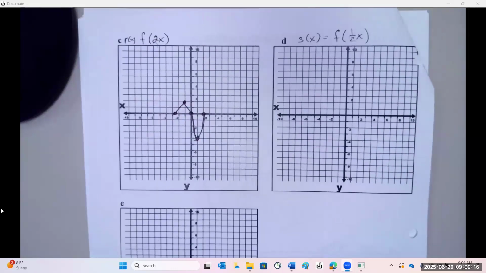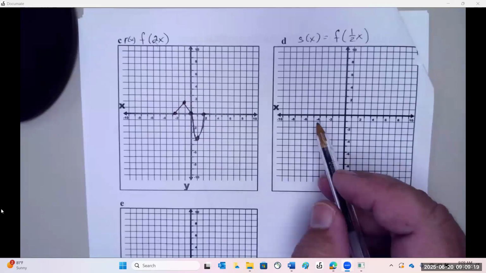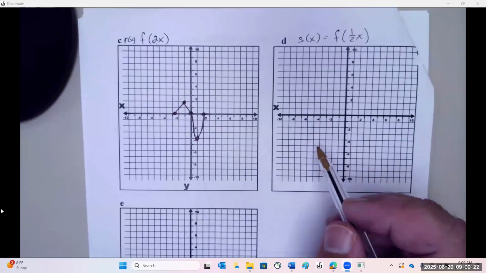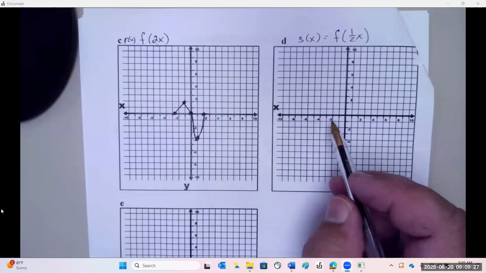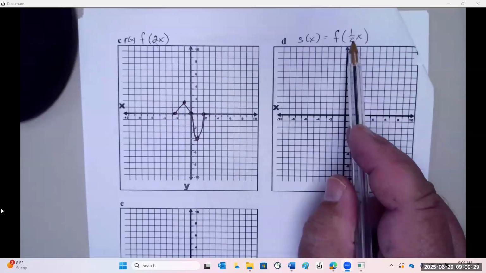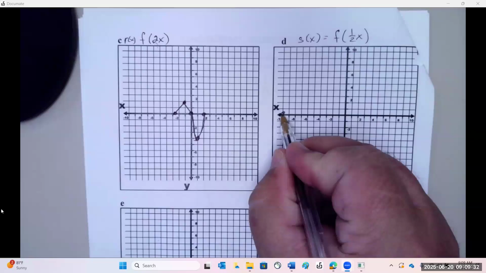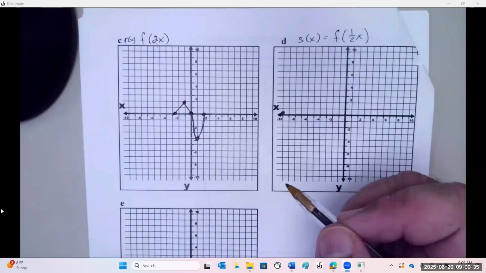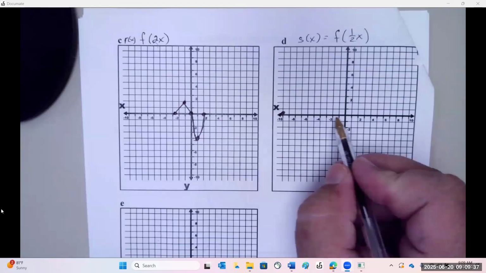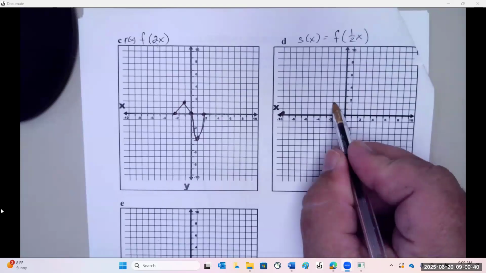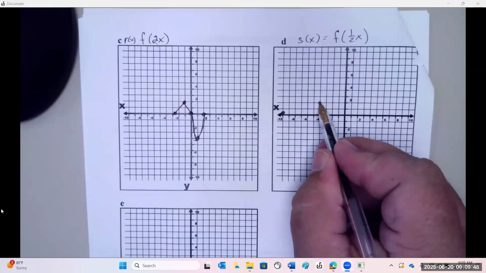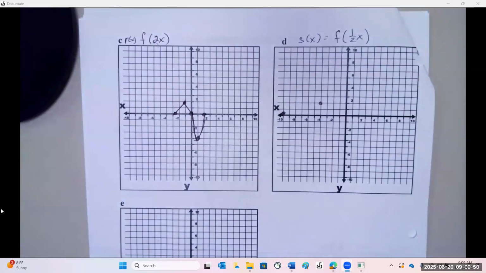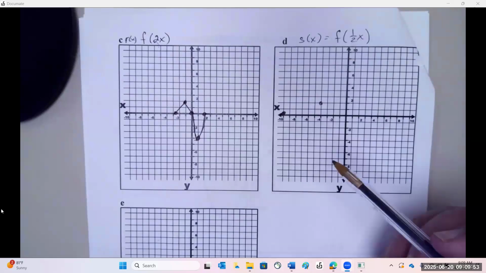All right, the next one. What's my first point there? Negative 10, because it's 1/2 x, so it goes to negative 10, and it stays at 0: negative 10, 0. The next point was at negative 2, 2. What does it become? -4, 2. There's nothing to think about. The only thing you have to worry about if it's inside is the x value. If it's a fraction, you multiply.